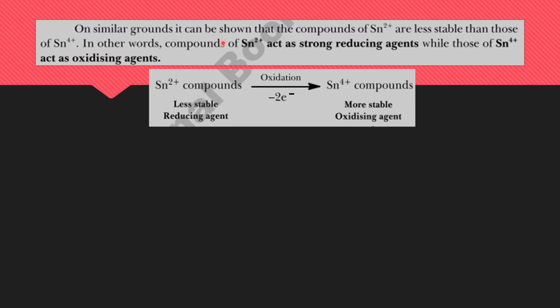So we can say that when tin compounds are in the +2 oxidation state, they are strong reducing agents, and when compounds have the +4 oxidation state, they act as oxidizing agents. So tin +2 compounds are less stable and act as reducing agents, and tin +4 compounds are more stable and behave as oxidizing agents.